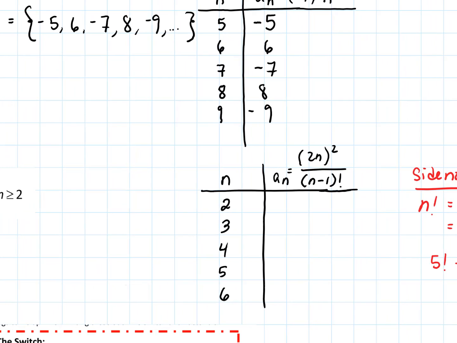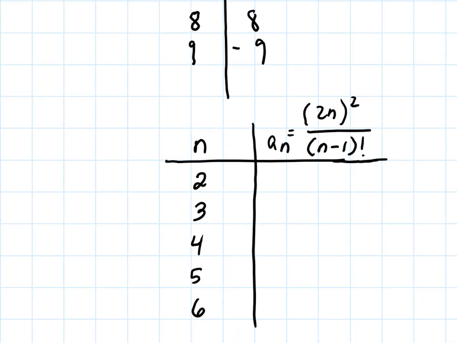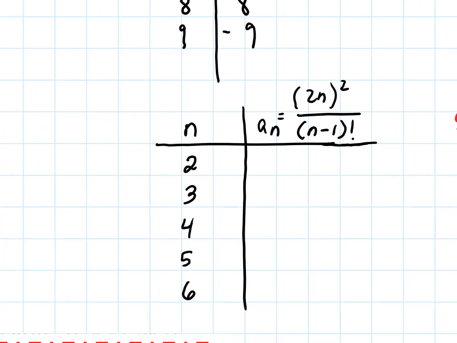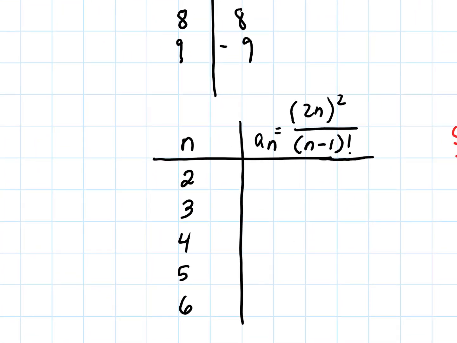So back over here, if we are looking at a sub n is 2n quantity squared over n minus 1 factorial, then for this first one, when n equals 2, we're going to end up with 4 squared on the top, and on the bottom we end up with 2 minus 1 in parentheses factorial.